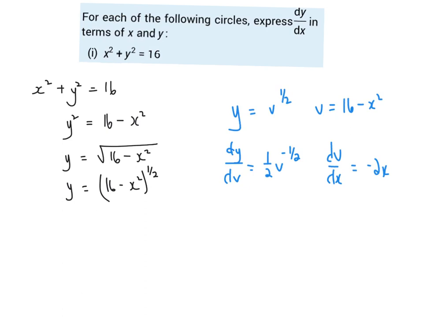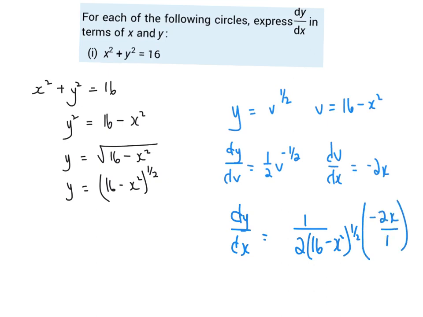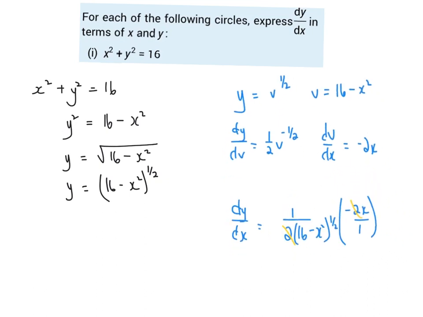Tidying up then, that gives us that dy/dx is equal to 1 over 2, and v we said was 16 minus x squared to the power of a half, and that's times minus 2x, and that would be the same as being over 1. So I can see straight away that the 2's cancel.